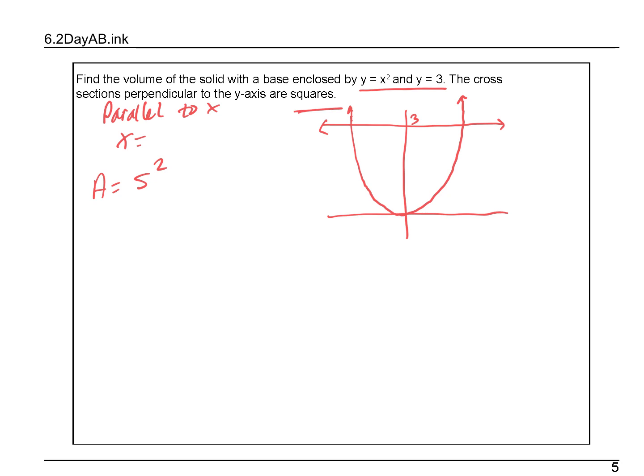So parallel to x is a horizontal slice. And coming up out of there is a square, right? And we have infinitely many of those slices.